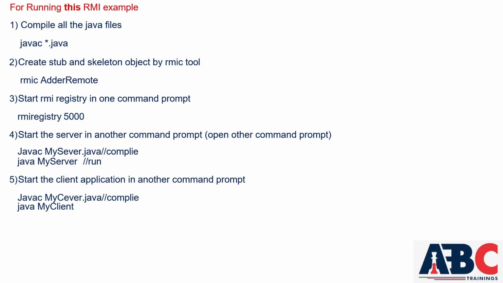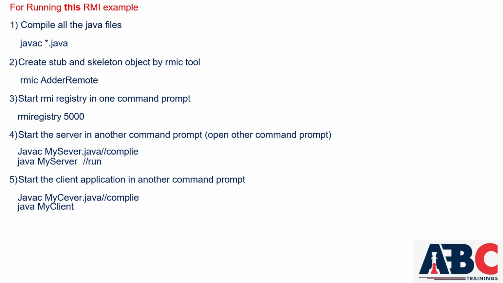Then start the server in another command prompt. We use javac MyServer.java, compile it, and run java MyServer. Then start the client application in another command prompt, so javac MyClient.